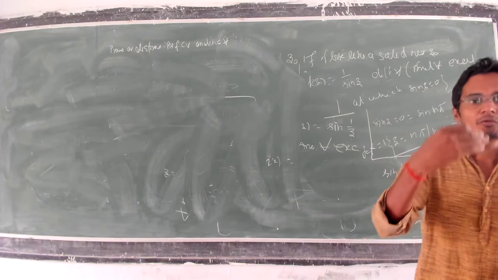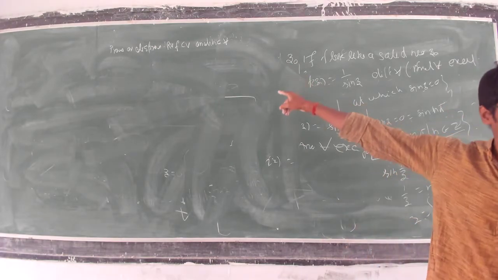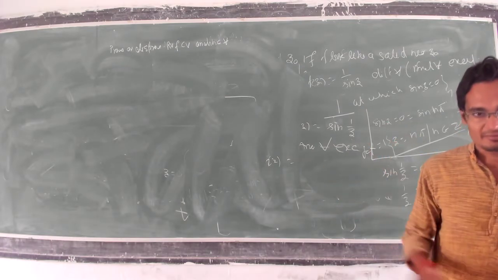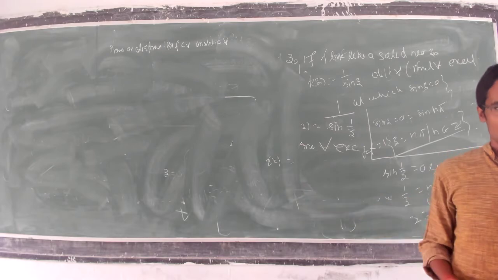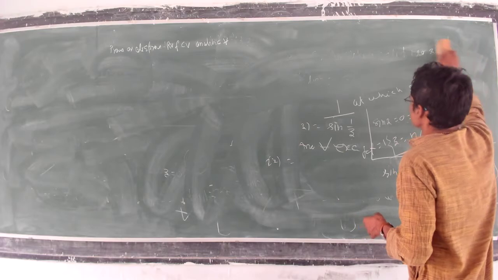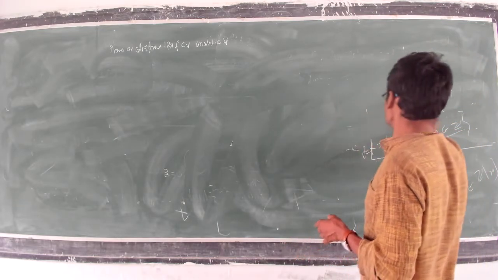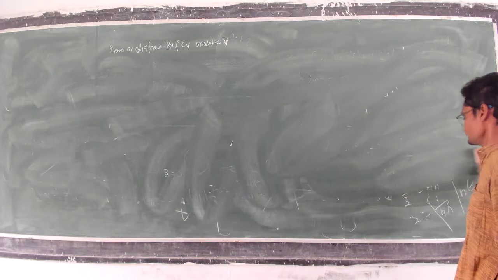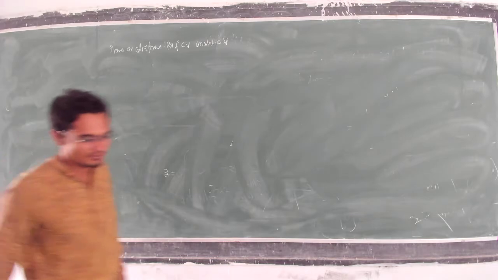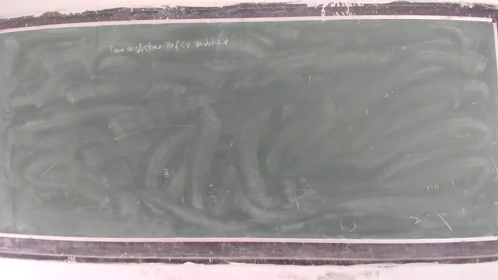So I am going to test, with a result, whether whatever functions you have gone through are analytic or not. Okay. So how much time do you guys need to finish this question?